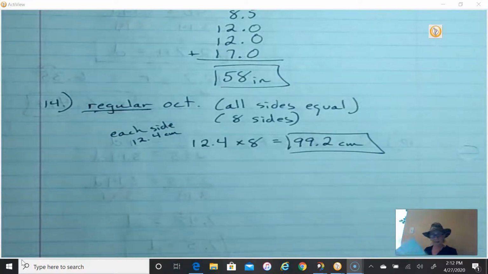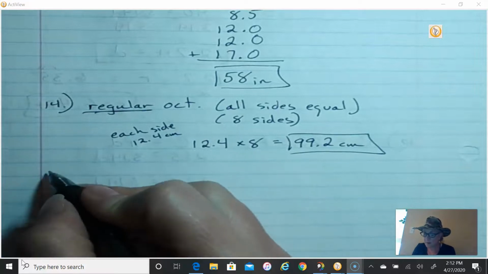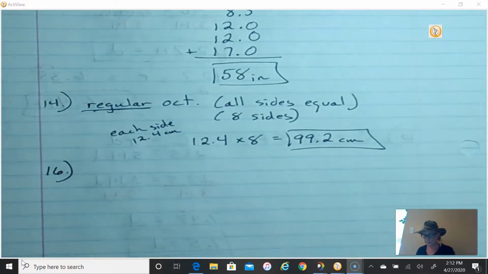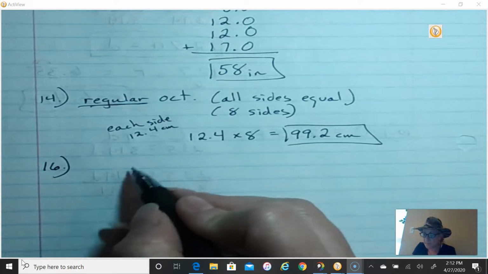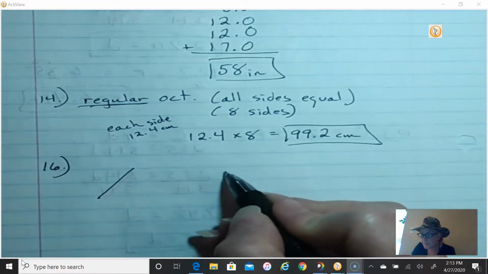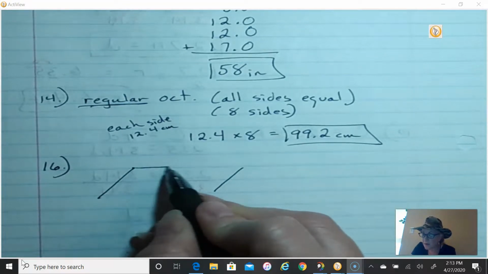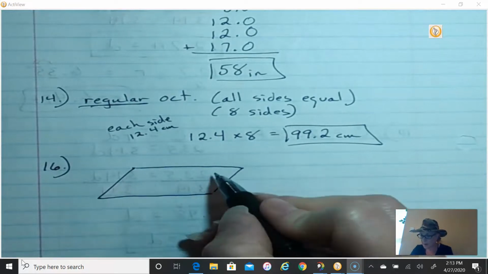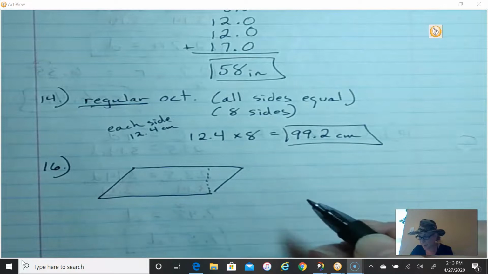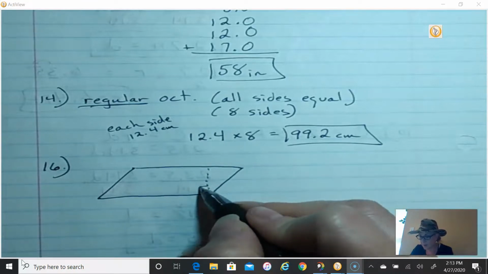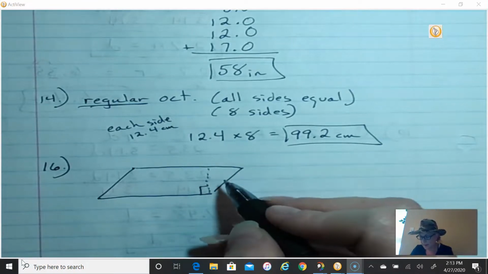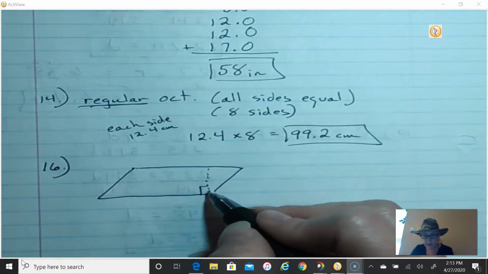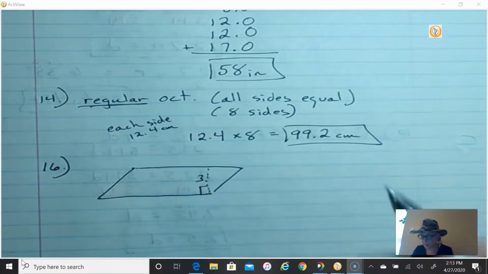Okay, so let's look at 16. Now, I know my drawing doesn't look like the book, but it doesn't matter. Okay, it really is bad. So it said this right here is a right angle, and they give you the number 3.